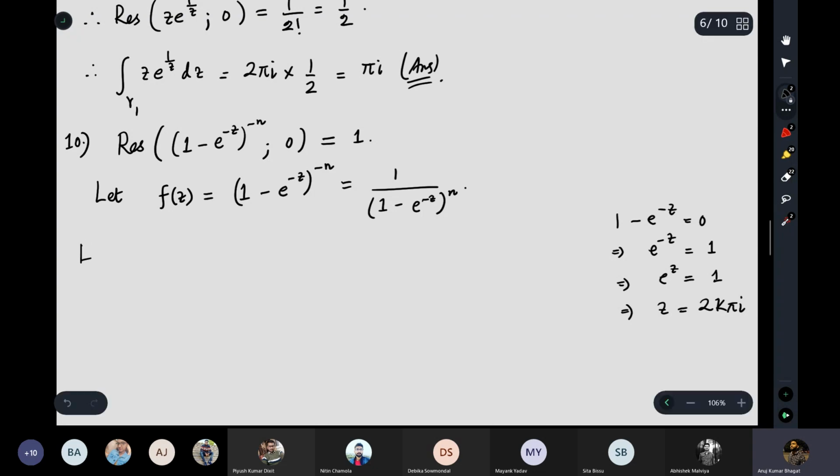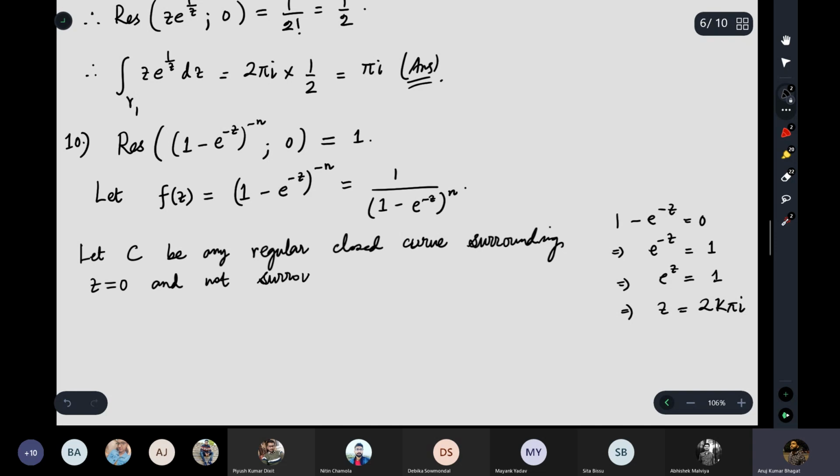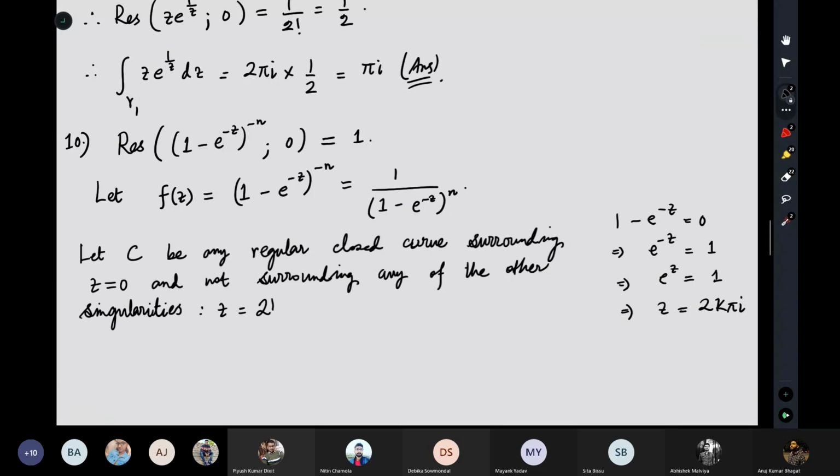So let me start: let C be any regular closed curve surrounding z equals 0, and not surrounding any of the other singularities z equals 2k pi i, where k is plus minus 1, plus minus 2 and so on.